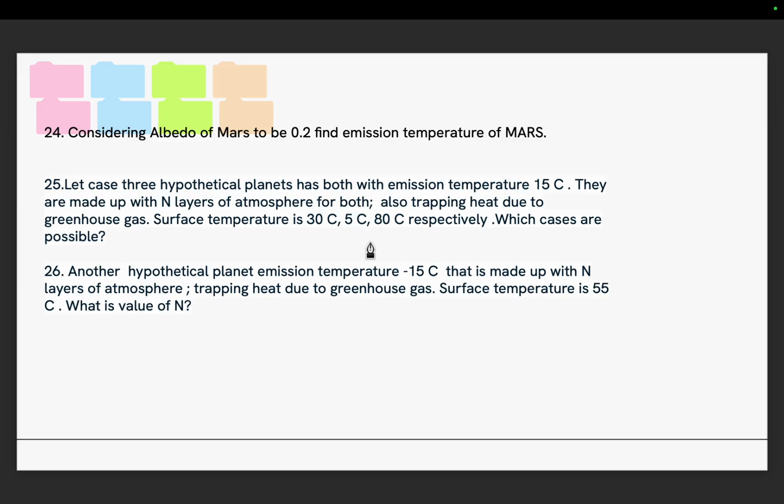Now the shortwave radiation that is received through the Mars atmosphere at the surface will be S0 at Mars by 4 into (1 minus alpha). So about 80% will be going downward.